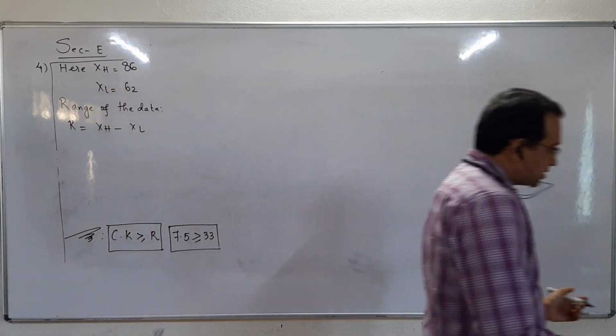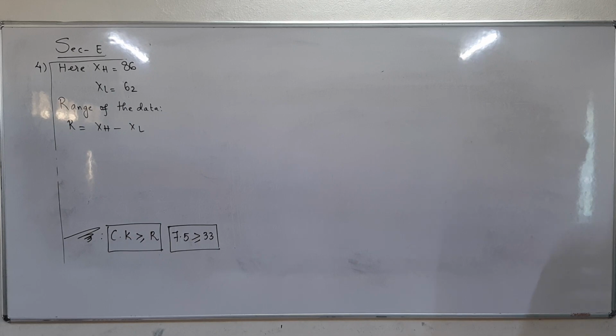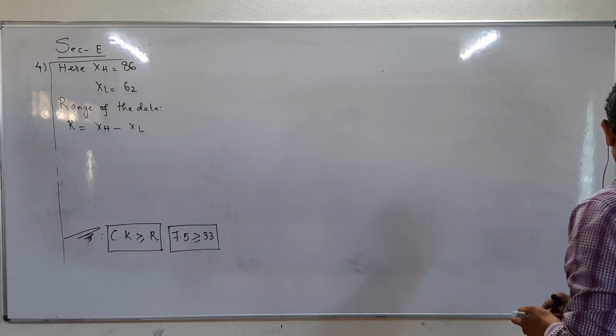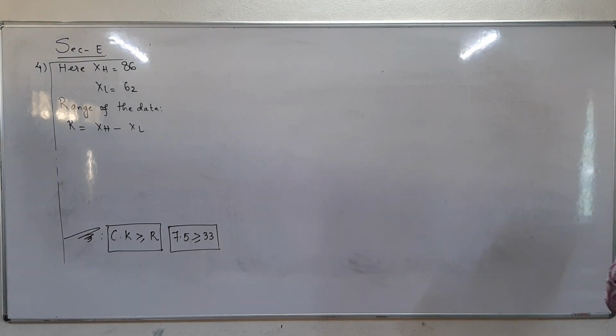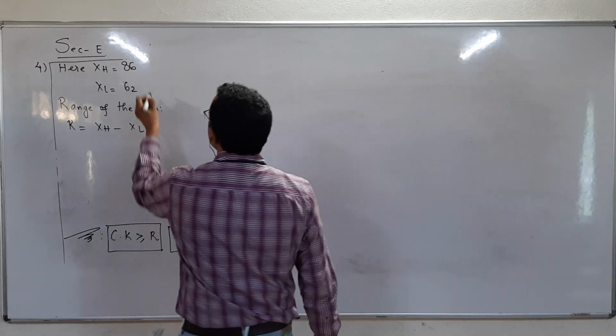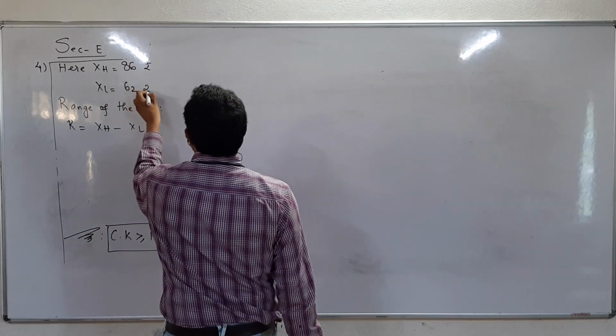And the data is given, students, regarding what? The data obtained by inquiring the price of an item in 50 different shops. So the data is regarding rupees, isn't it? The price generally is in rupees, so 86 rupees and 62 rupees.